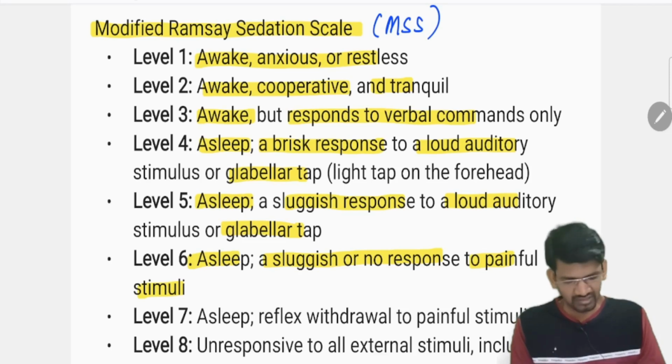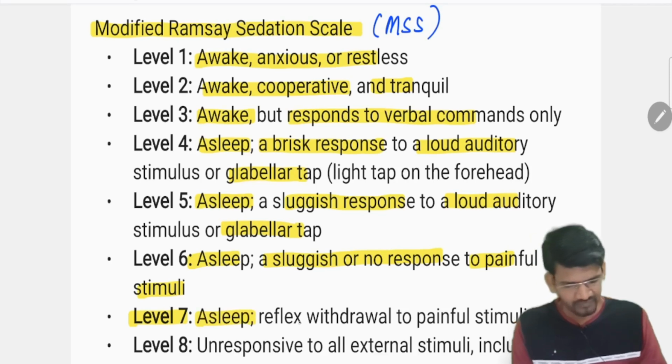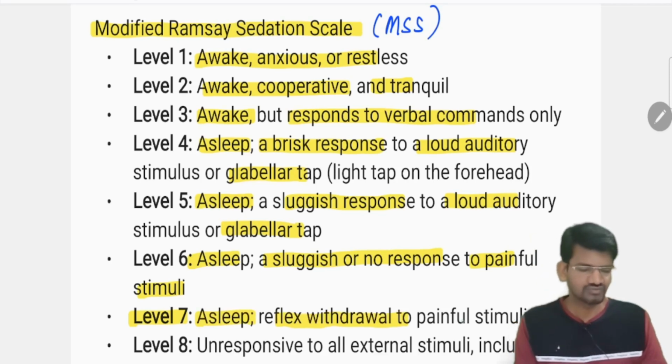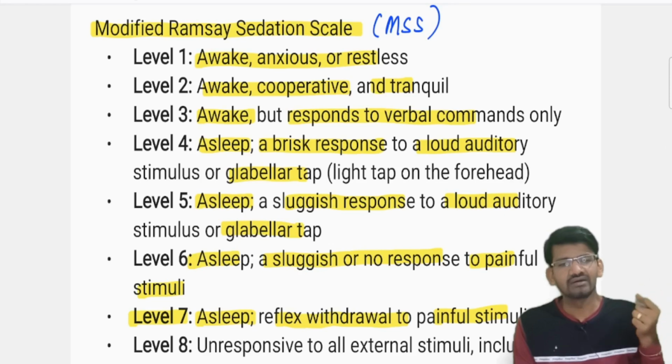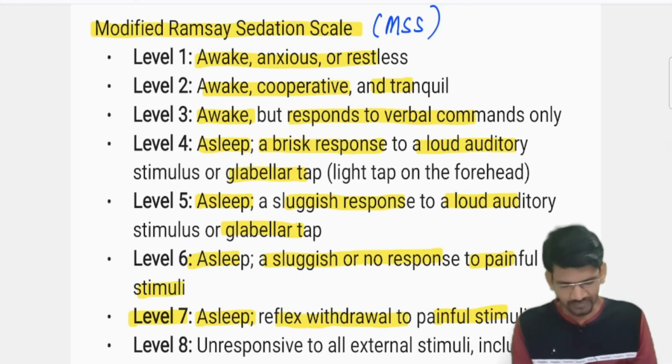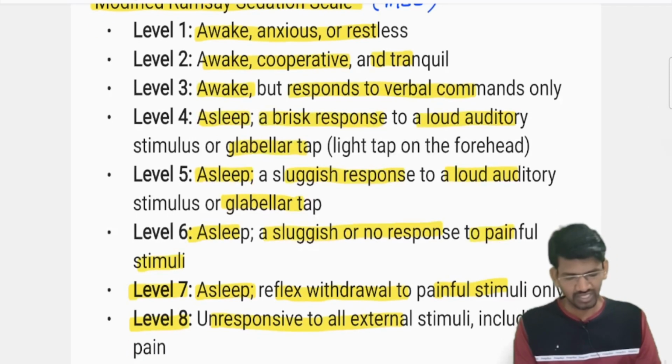See here, these two have been added. Level 7 is where the patient is asleep, and a reflex withdrawal is seen for painful stimuli. When you give the painful stimuli, the patient withdraws the hand, or a withdrawal reflex can be seen. In level 8 the patient has no response to any external stimuli, including pain, voice, or whatever stimuli you give.